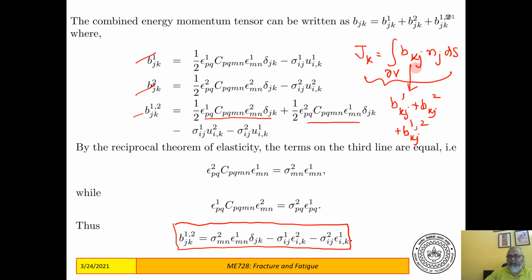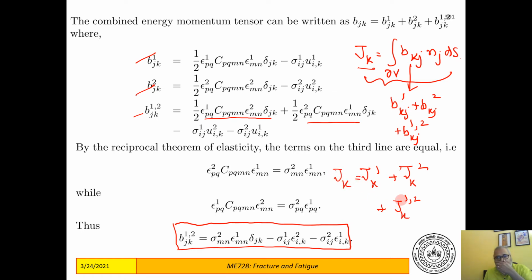Since it has three parts, we will also split this into three parts. Corresponding to bkj1 nj, we will have jk1. Then corresponding to bkj2 nj, we will have jk2. And corresponding to bkj12, we will have jk12. So we will also split the jk into these three parts.